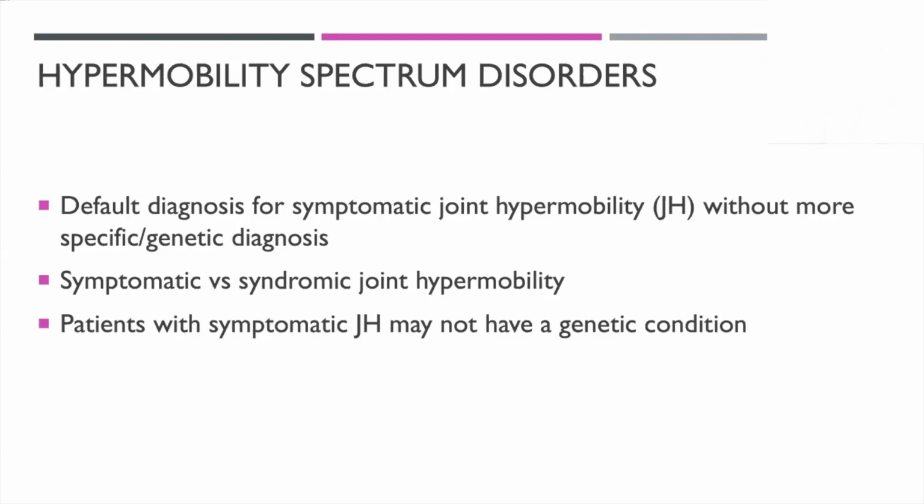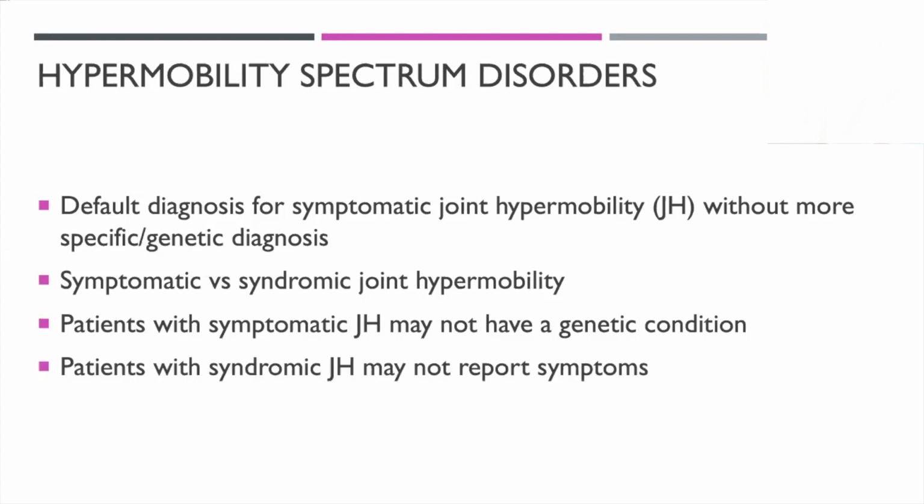It's also important to know that patients that have symptomatic joint hypermobility may not have a genetic condition. And patients can have a genetic hypermobility condition or a genetic connective tissue disorder without having symptoms.